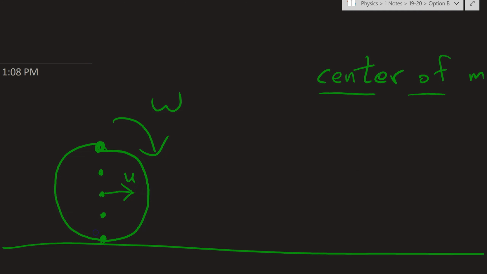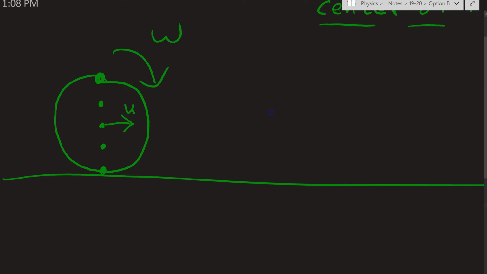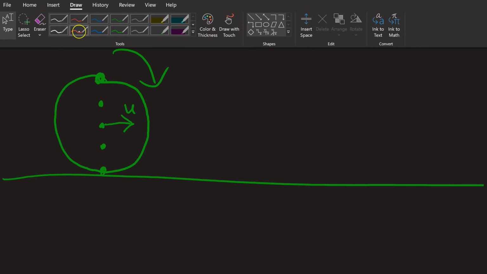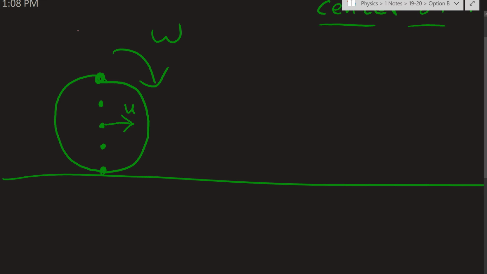So I drew these few dots for a reason, because that's typically the points you look at when you go to describe the different velocities of points on an object that's rolling. The center of mass does not have any velocity associated with rotation, because it's not rotating. Well, technically it might be rotating in place, but it's not actually moving around in a circle like all the other points on the object are.